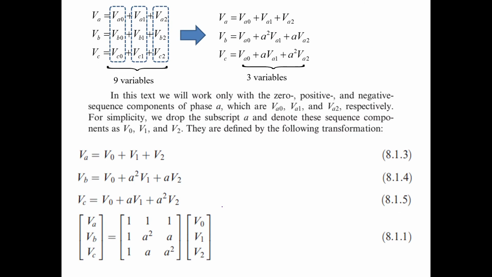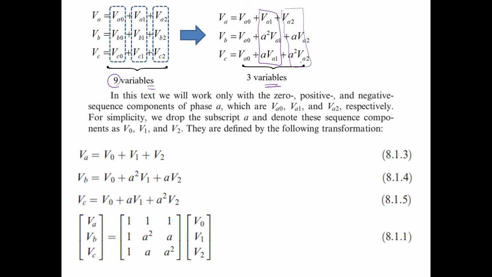In this case, you can substitute the properties that we have derived earlier. You can reduce the number of variables from 9 to just 3. I have shown you already for the positive sequence term: for A, B, C, you can express this in terms of VA, VA times A squared, VA times A. Similarly, you can express the negative sequence. In order to get VB, you just rotate once.